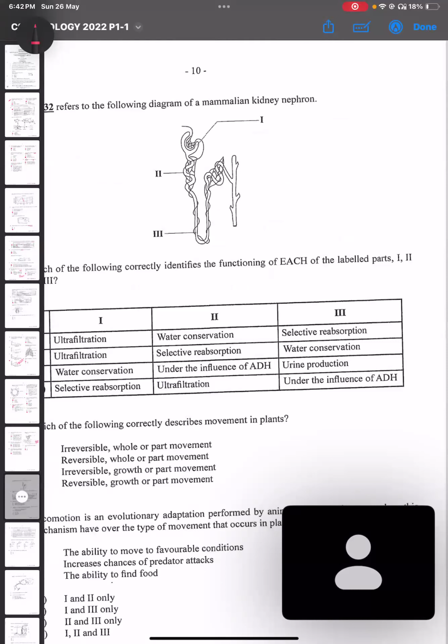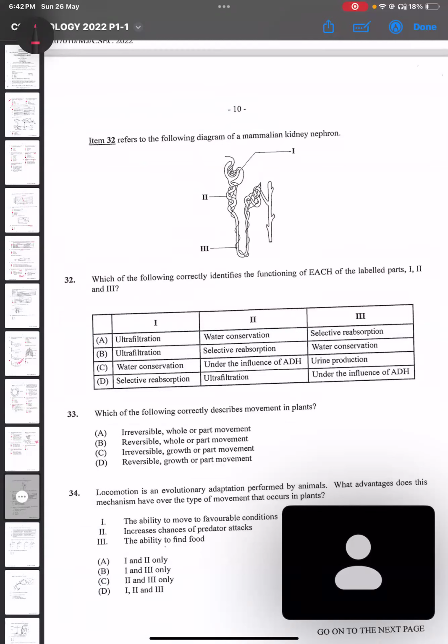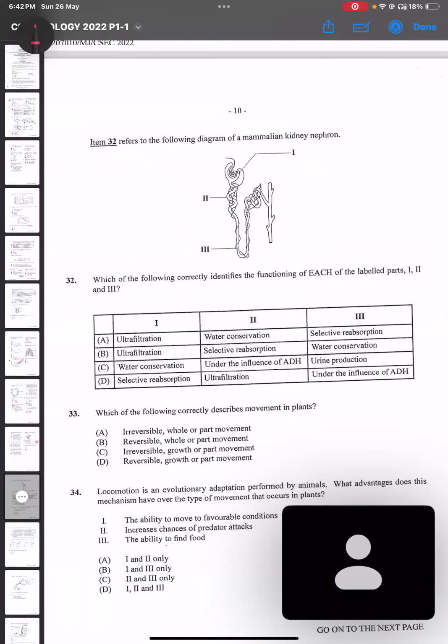And then question 32 is new as well, and it is asking to identify the function of each of the labeled parts. So 1, what happens in those areas? So someone says B, ultrafiltration, selective reabsorption, and water conservation.